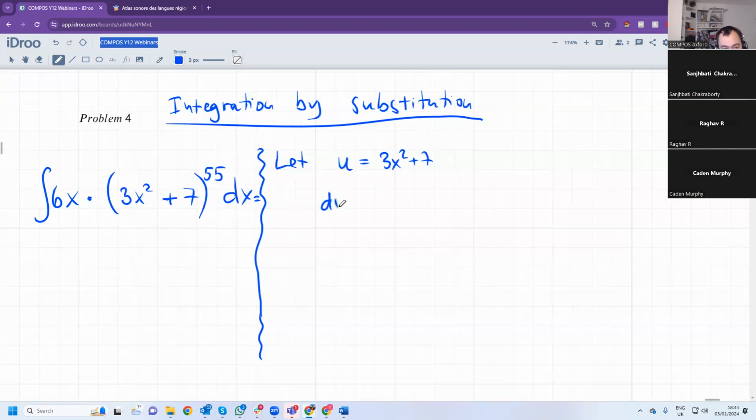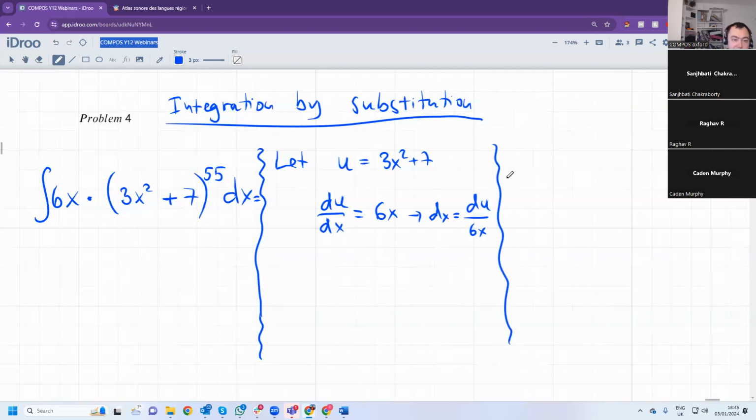Then we find the derivative, du on dx. We differentiate that expression, and we find that it is in fact equal to 6x. So here we can express dx from here. That means that dx is equal to du over 6x.